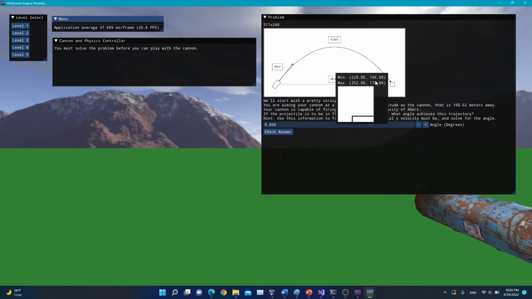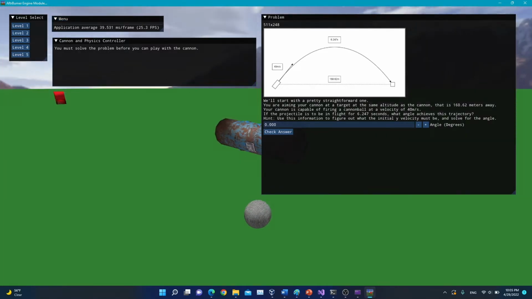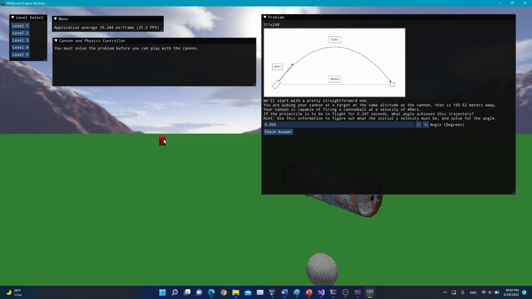So let's get to our first example. We have a cannon and our cannonball over here right next to the camera. Off in the distance, there's a red box on top of a stand, and that's what we want to hit. In addition to seeing that visually, in this problem window we have the graphical representation of the problem with a bit of specification, like the distance, the launching velocity, and time, but we also have the word problem for it.